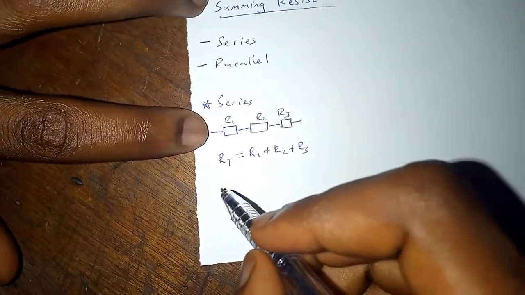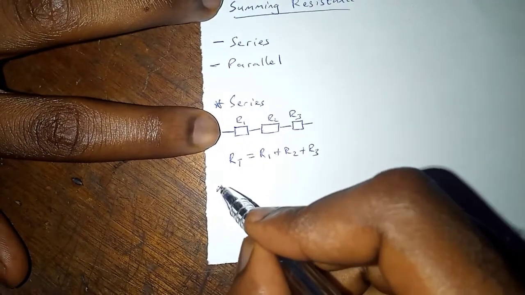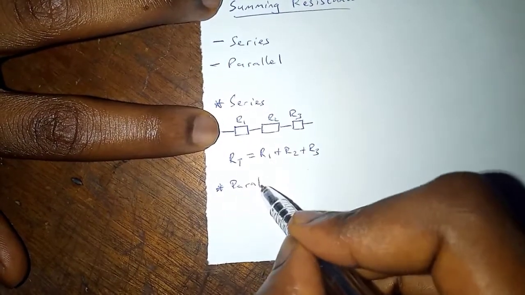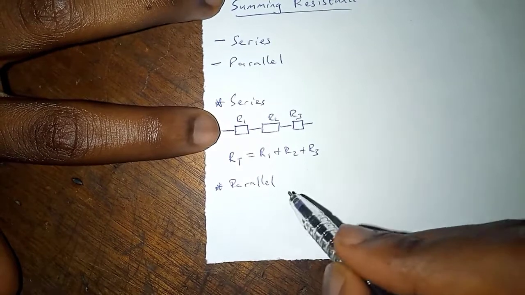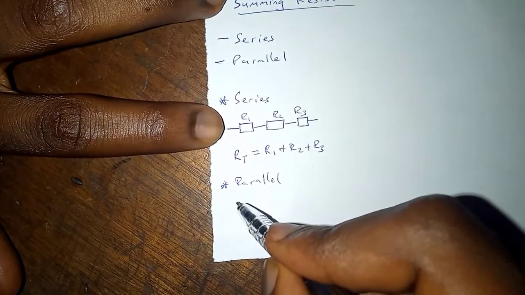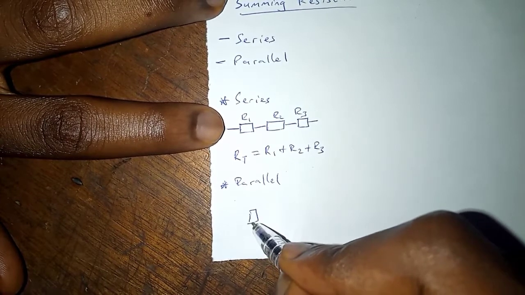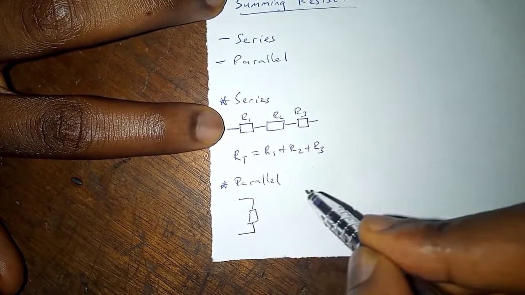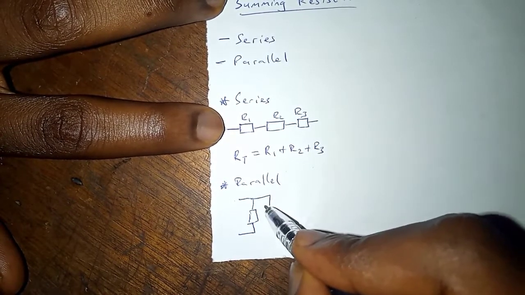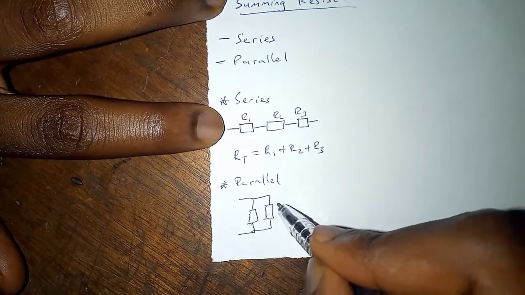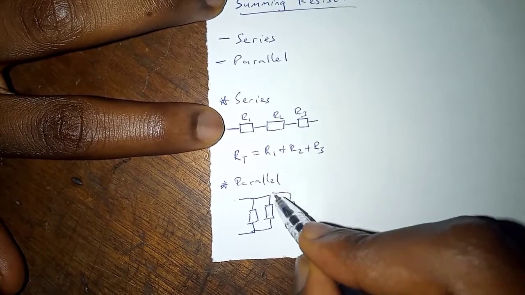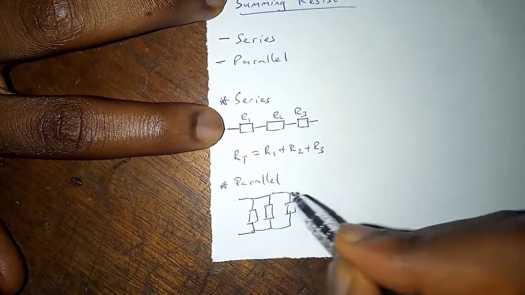Next, let's look at your parallel arrangement. In your parallel arrangement, you have resistors connected like this. Let's say this is one resistor, the next resistor is connected to it like this, the next one connected, and so on like that.